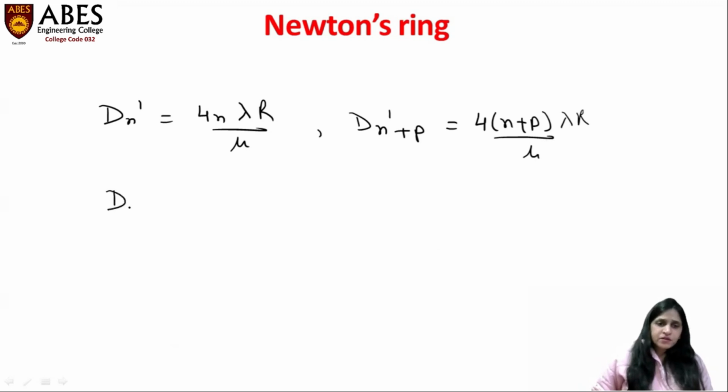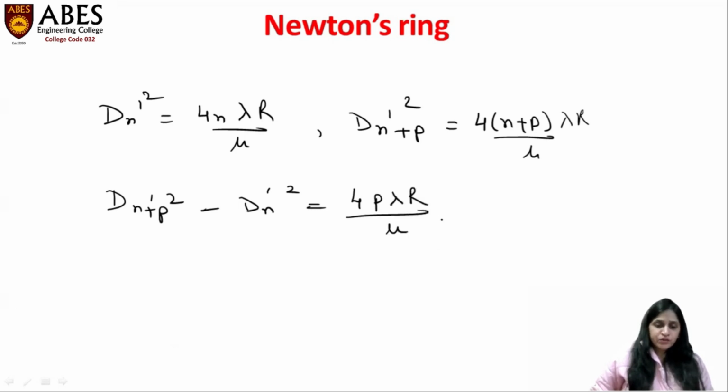If we subtract these both, Dn+p' square minus Dn' square is equal to 4pλR by μ. Okay, so this is equation number 2.